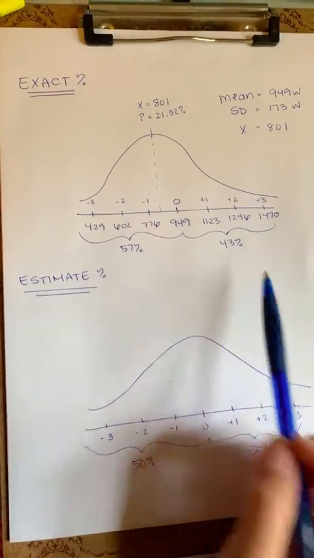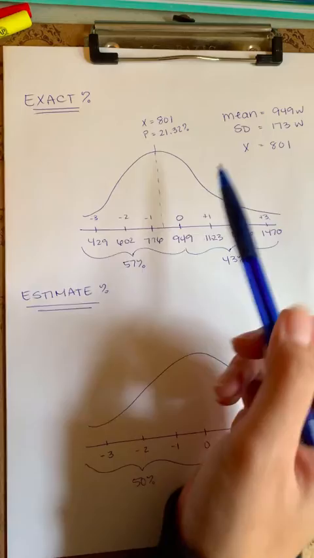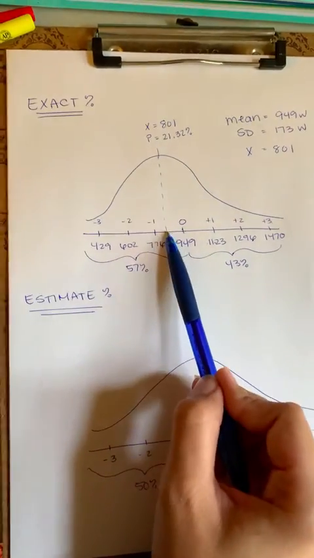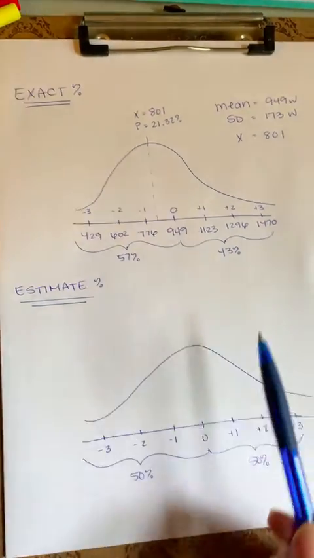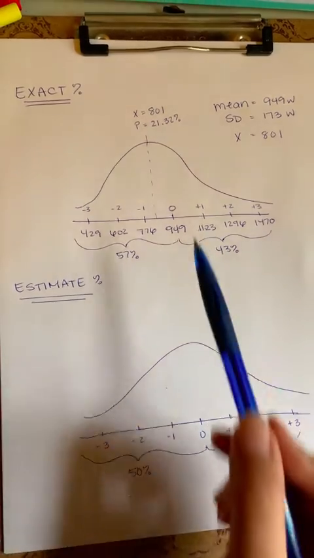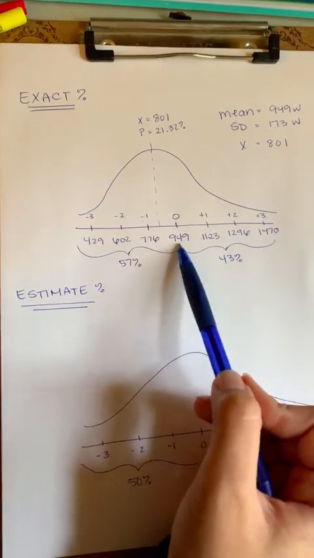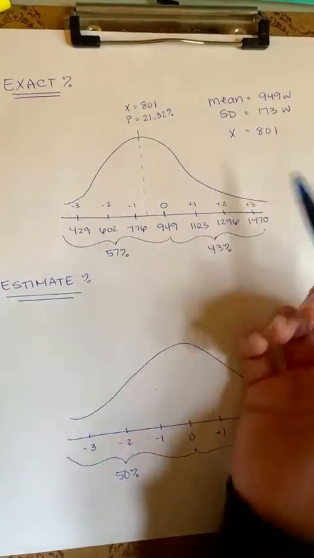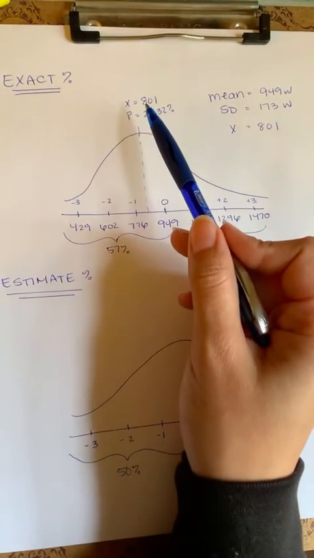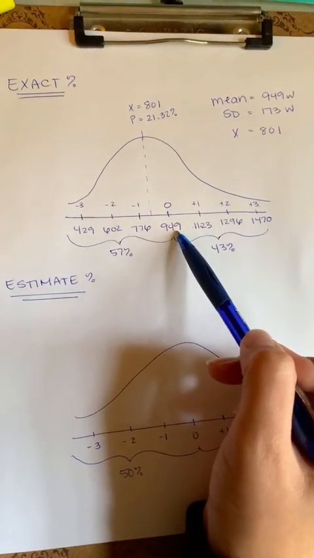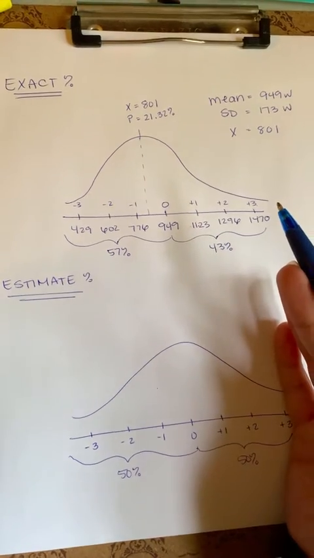So this distance between 801 and 949 is not technically changing, because our actual unit measurements are fixed. The distance between 801 and 949 is always going to be the same.